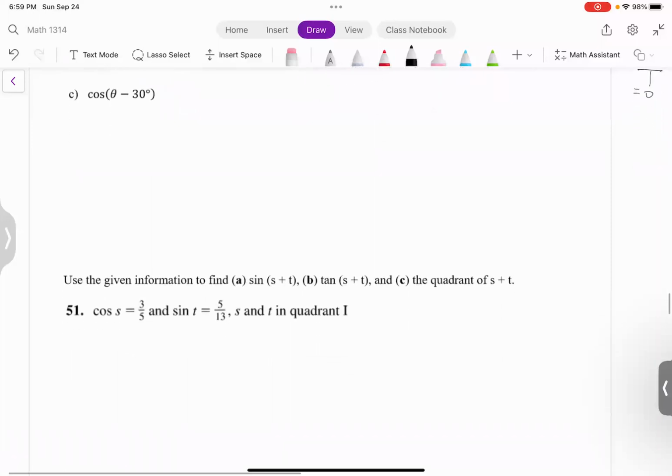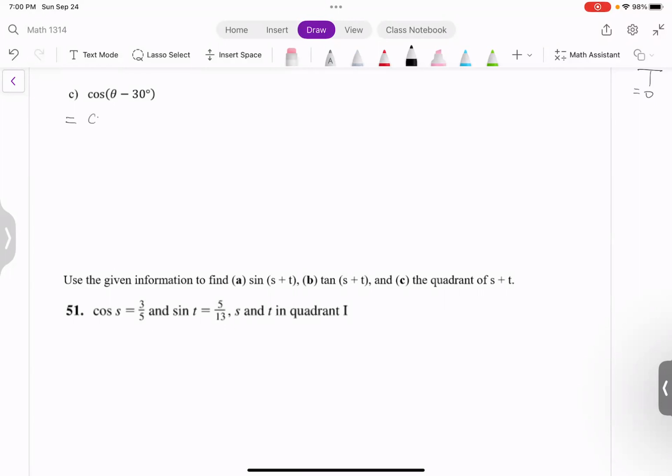Let's separate the theta and the 30 degrees. This one is a different one, because we are looking for the cosine. It may confuse you that we are learning the sine and tangent sum and difference identities, and then suddenly they give us a cosine. So we use last class's materials to solve this one.